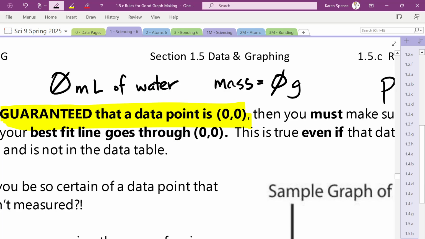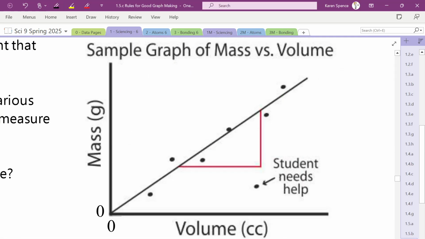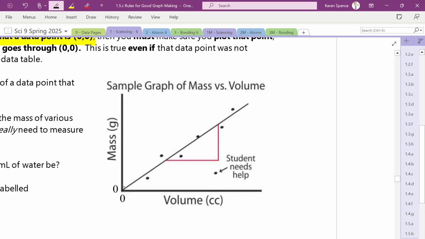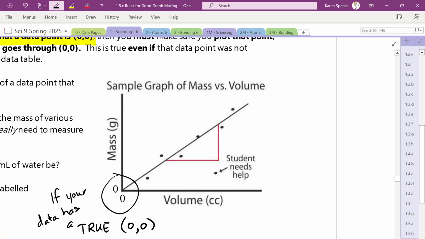So out of all the points on your line, you are only sure about that one. So if there is a true 0, if your data has a true 0, 0, make sure your best fit line passes through 0, 0.